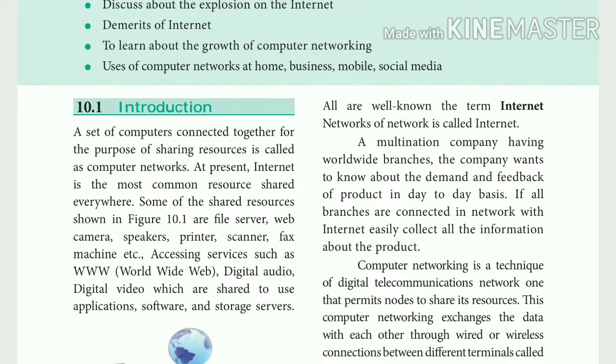So either any medium like wired medium or wireless medium. So any kind of medium can be used to communicate between two computers. Okay, so this connection is known as networking.